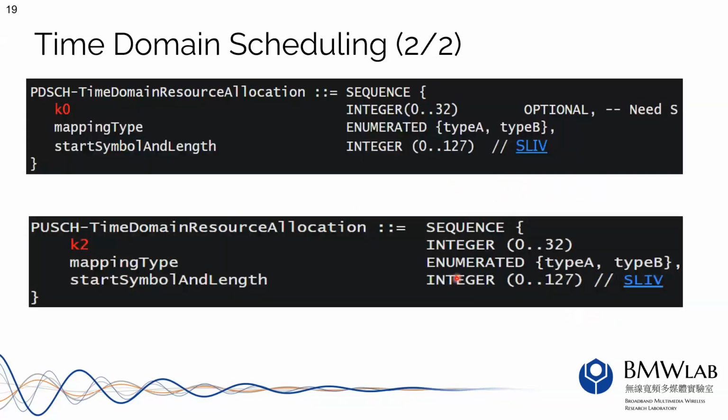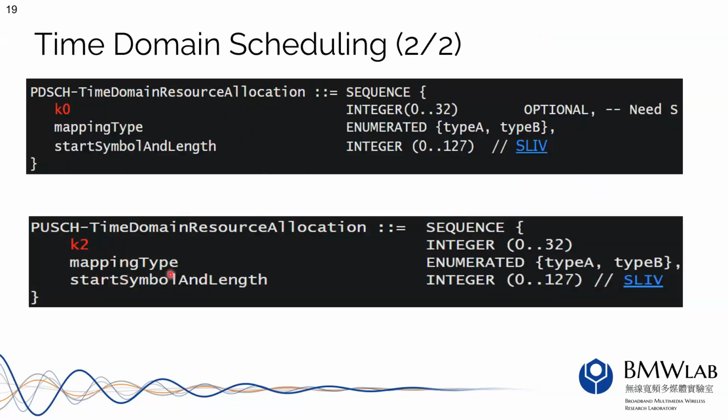Okay. On this page, we can see the time domain resource allocation in ASN.1 format for the downlink data, PDSCH, and uplink data, PUSCH.